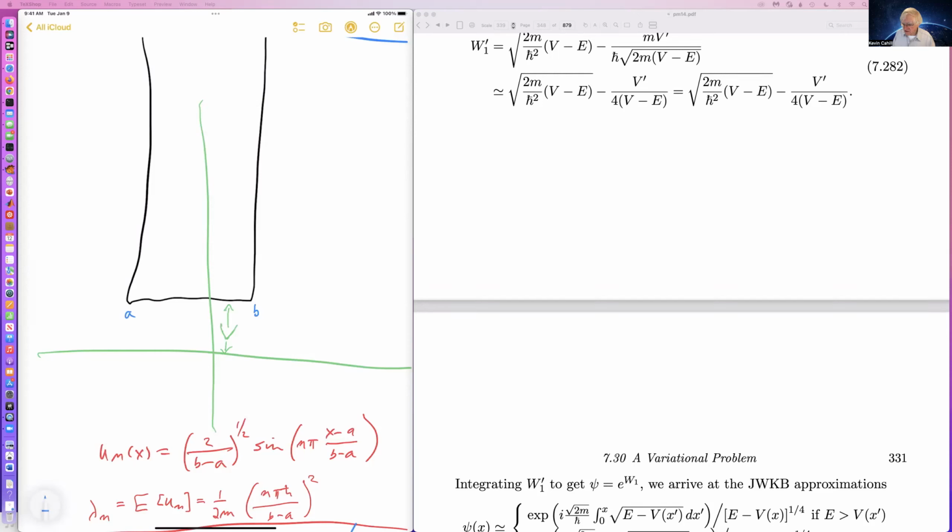Okay, so this thing here is actually minus log of, and I should put a backslash here, log of V minus E prime.